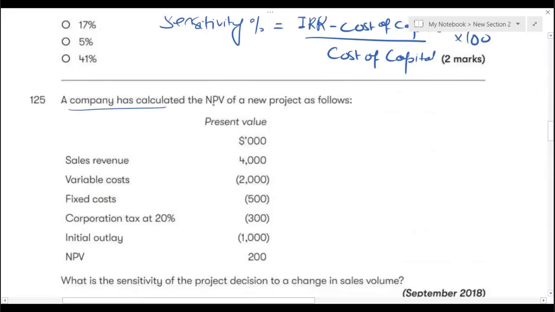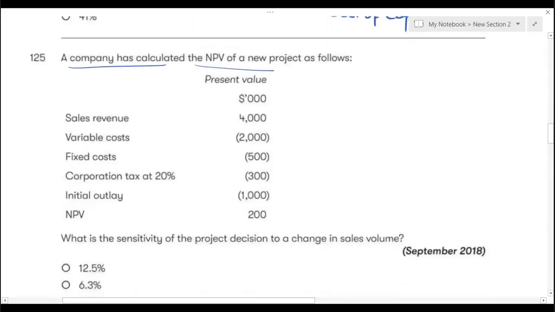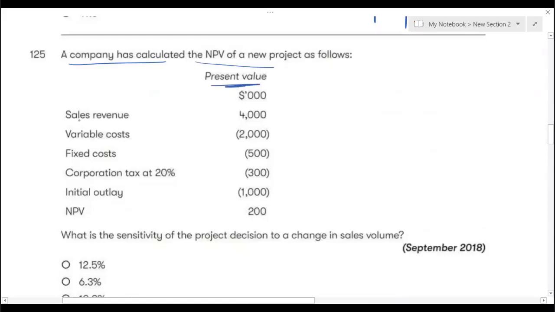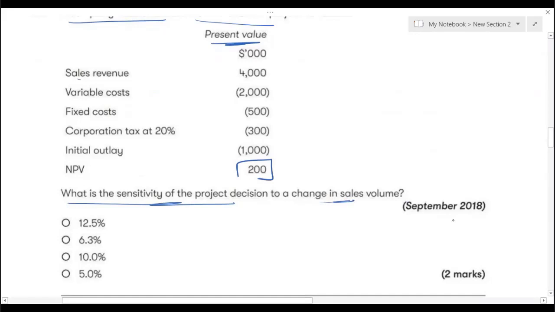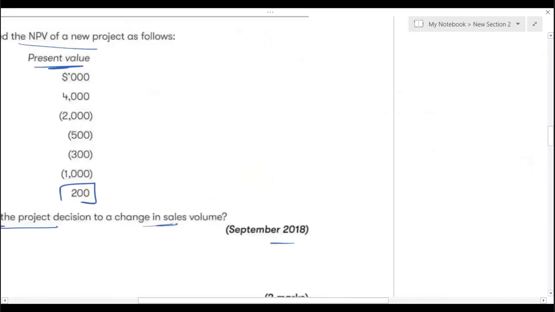A company has calculated the NPV of a new project: present values, sales, variable cost, fixed cost. NPV is this. What is the sensitivity of the project decision to change in the sales volume? It came back in 2018. So simply we need to apply sensitivity analysis on sales volume.